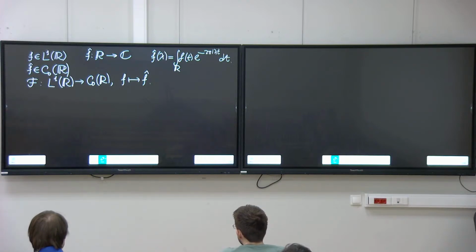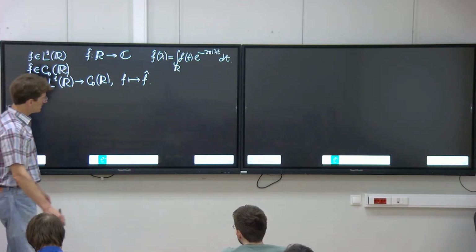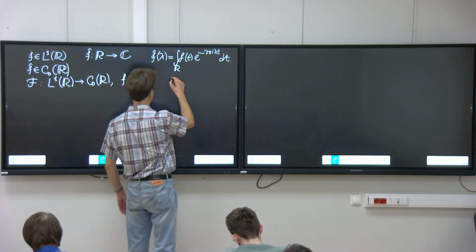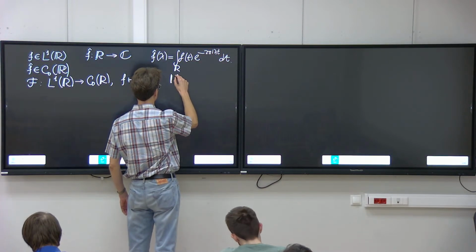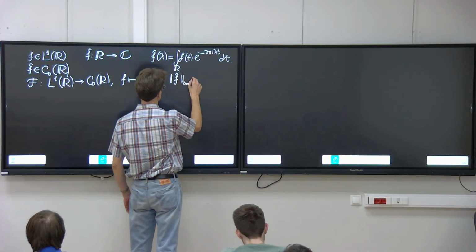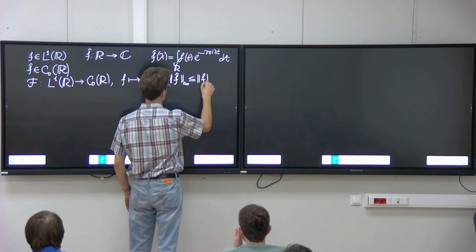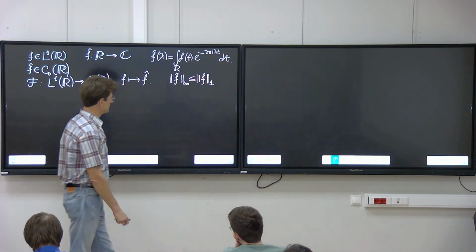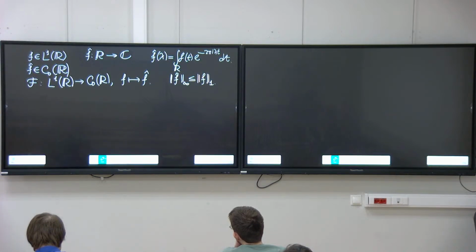And this map is linear and it is bounded because it's more or less obvious that the supremum norm of f hat is less than or equal to the L1 norm of f. So as a result, this is a bounded linear map.